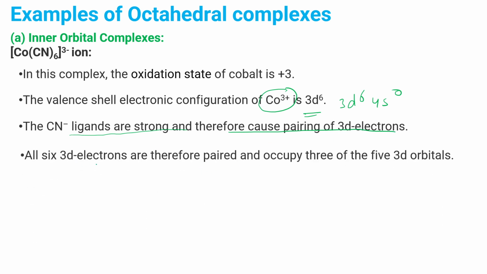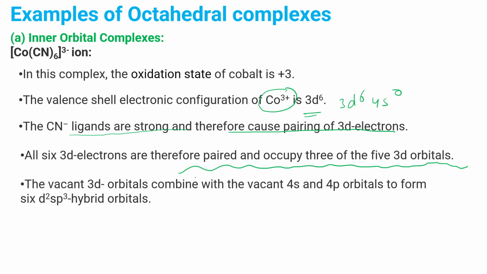All the 3d electrons are therefore paired, and 3 of the 5 3d orbitals are vacant. These 2 vacant 3d orbitals combine with the vacant 4s and 4p orbitals to form 6 d2sp3 hybrid orbitals, as I explained.